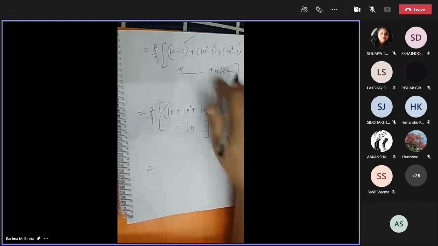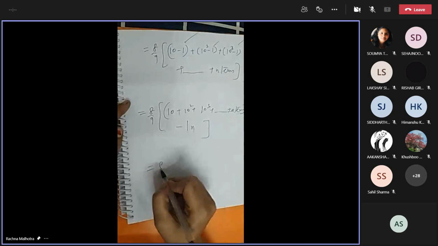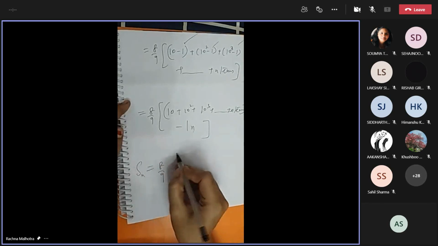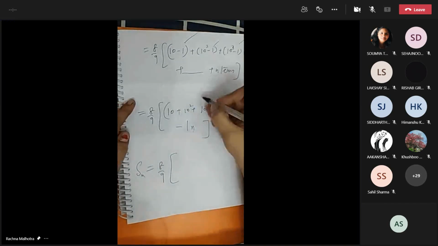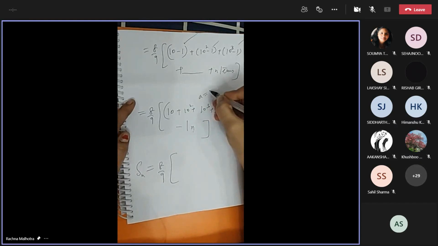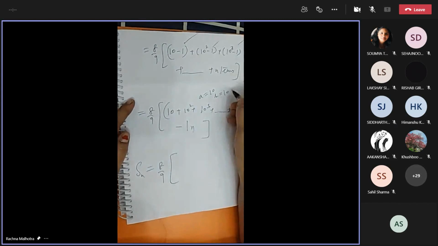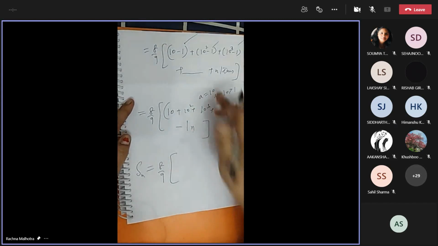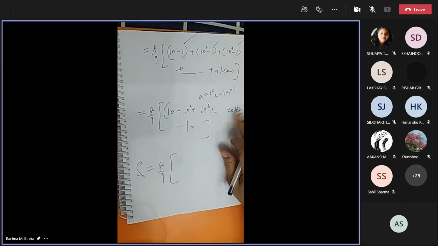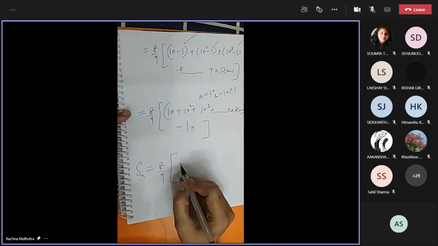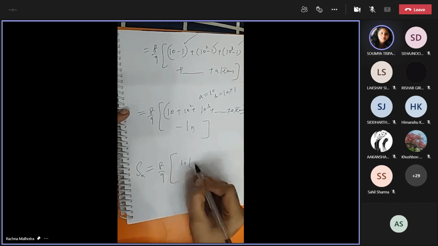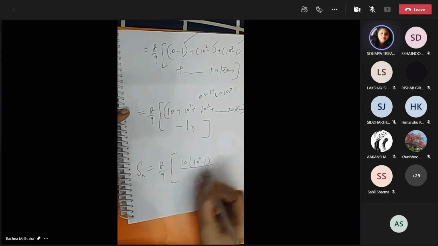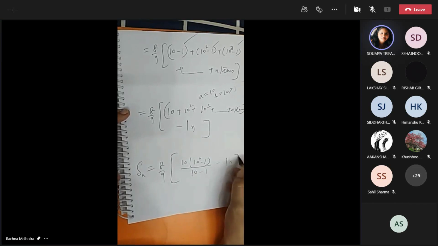Is it making a GP or AP? Please tell me, what is it making now? This is a GP. What is the first term? 10. The common ratio is again 10, A2 by A1, that is 10 upon 1. So we can use SN. What is the formula for SN? a times r to the power n minus 1 upon r minus 1.